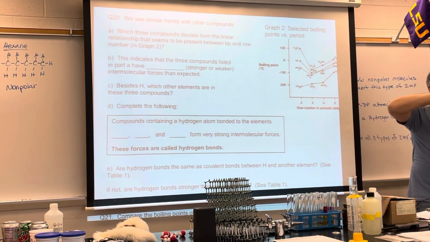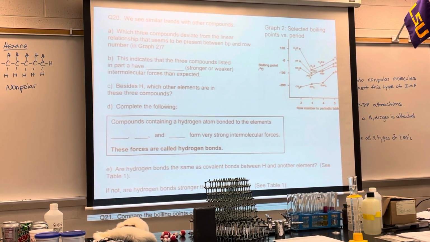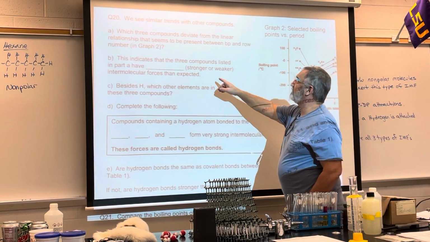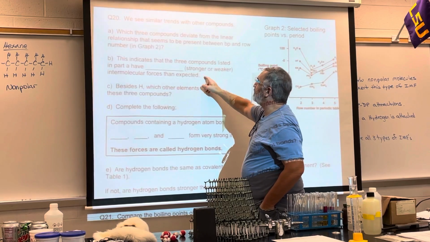That's why they're unique. That's an exceptionally strong intermolecular force. Almost all the time on questions like this, the answer is going to be hydrogen bonds. Why does one thing have a higher boiling point than the other? One has hydrogen bonds, the other one doesn't. There's going to be stronger intermolecular forces than expected. Hydrogen bonds right here.